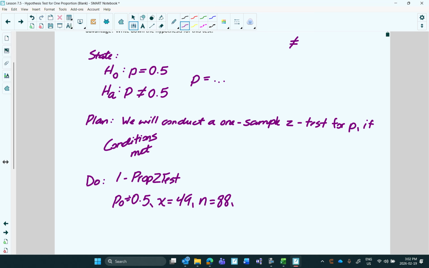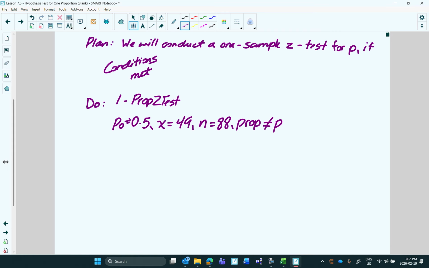But this time, we are using not equal to p0.